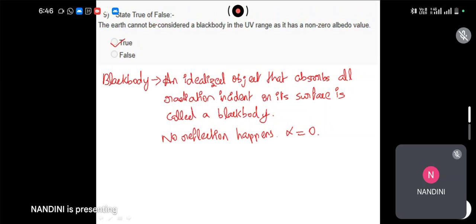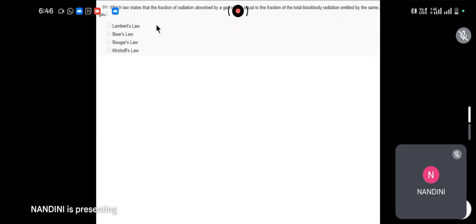Thus, true. Now, which law states that the fraction of radiation absorbed by a gas will be equal to the fraction of the total blackbody radiation emitted by the same gas? The absorptivity and emissivity will be the same.